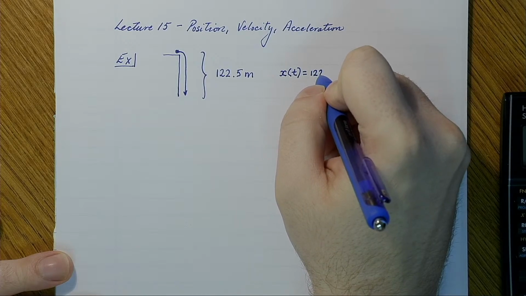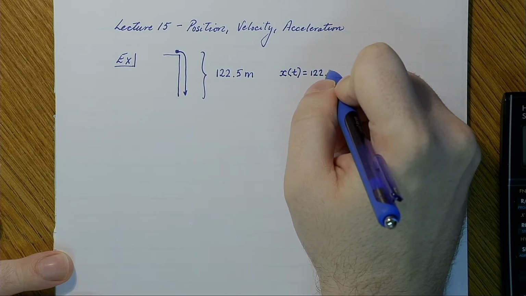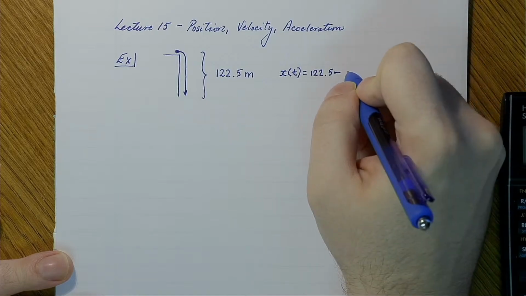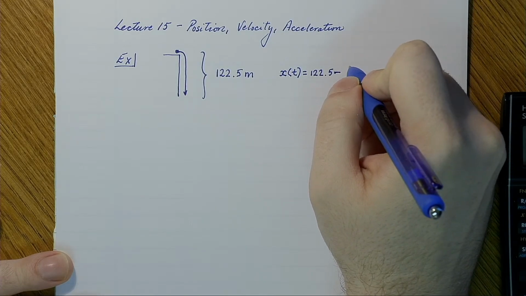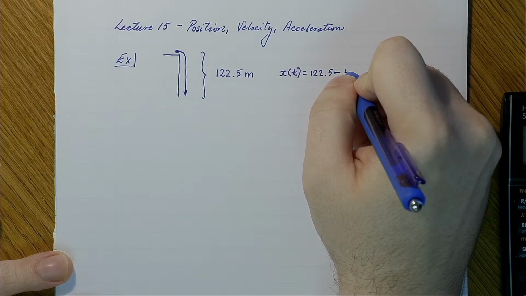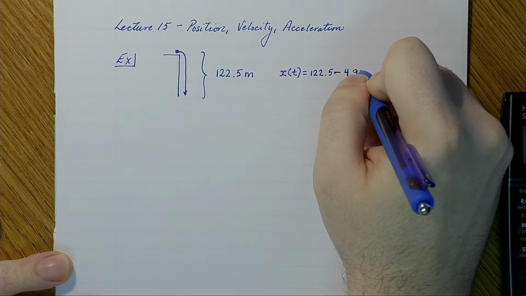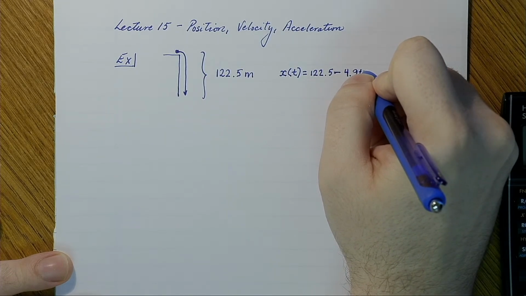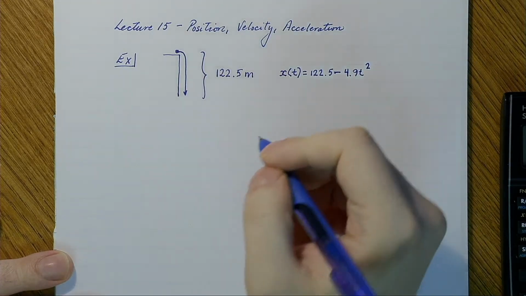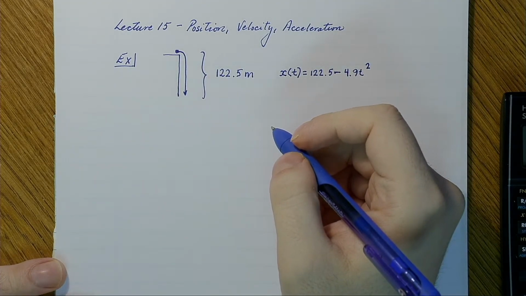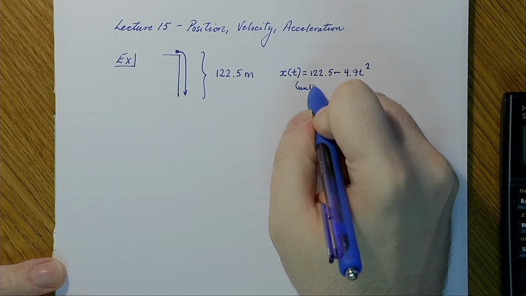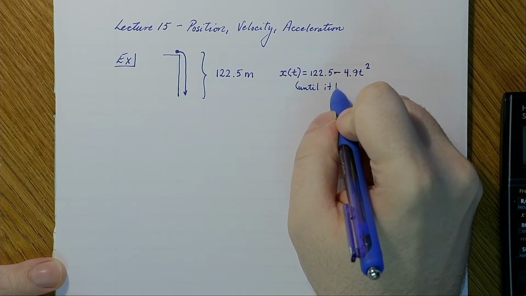And we start at 122.5 meters, minus, and it's going to fall 4.9 t squared. So that's going to be the position function until it hits the ground.